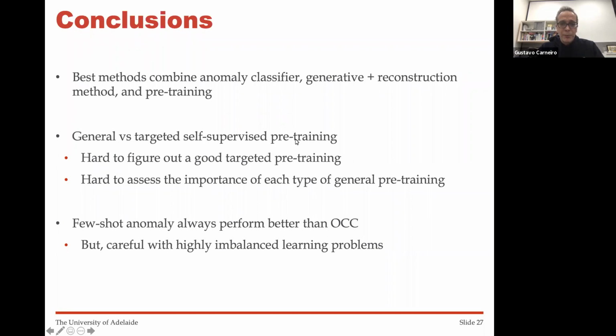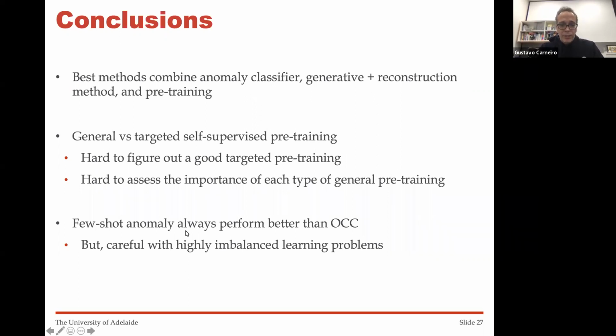The pre-training seems to be particularly important. And right now we have these systems that work with general pre-training, using things similar to SimCLR and so on, or targeted, where you have to figure out good ways of making up the anomalies that you're looking for. And both have their own challenges, as you can expect.